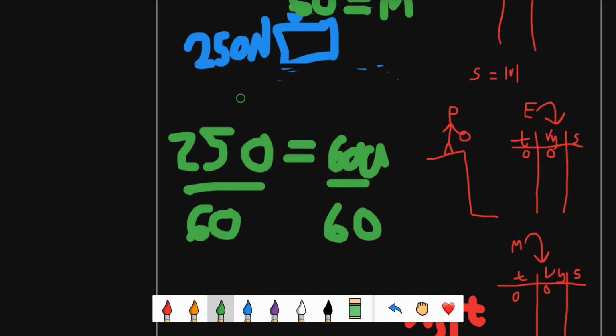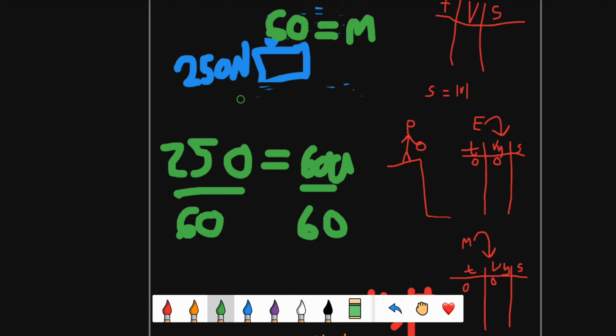I think it's a repeated decimal, or even if it's not, it'd be like 4 point something. Yeah, just like that. So that's how you determine the acceleration, right?